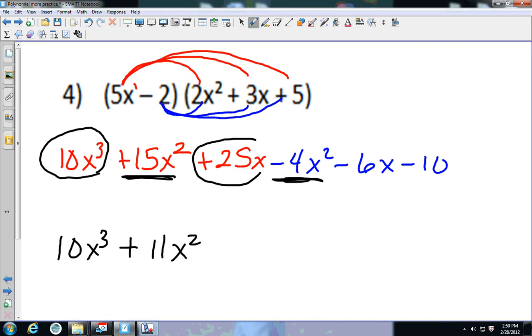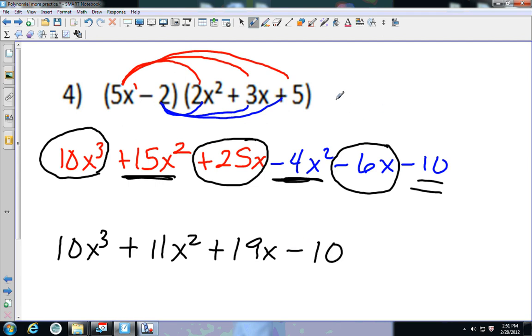Then I have 25x minus 6x, which is plus 19x minus 10. To check, problem into y1, answer into y2.